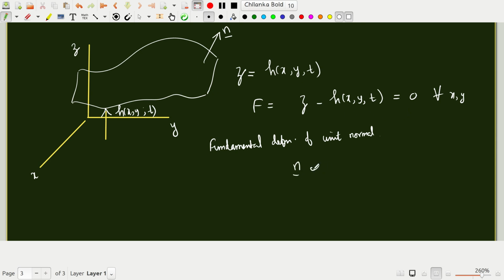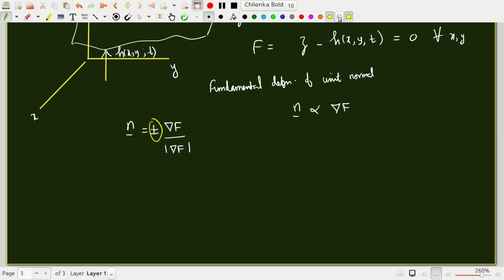So the unit normal should be proportional to the gradient of f, because that is what will point in the direction perpendicular to surfaces of constant f, which is the interface itself here. But if you want to make a unit normal, you should say that n is del f by mod del f, because dividing by the magnitude of this vector will make it unit magnitude, and I will put a plus or minus to show that it depends on which direction you want to consider. In some cases the context is very obvious, in some cases there is no unique choice; you have to just stick to one choice and be consistent.